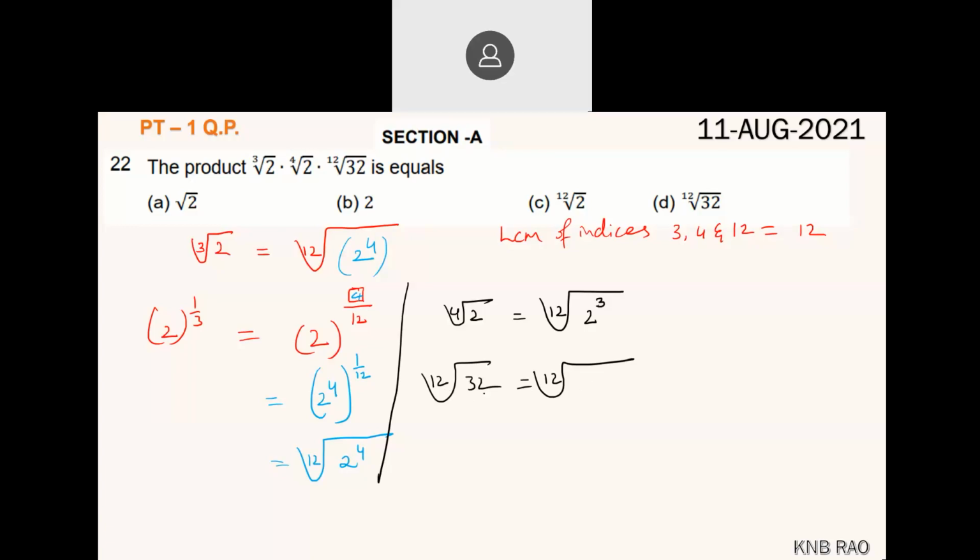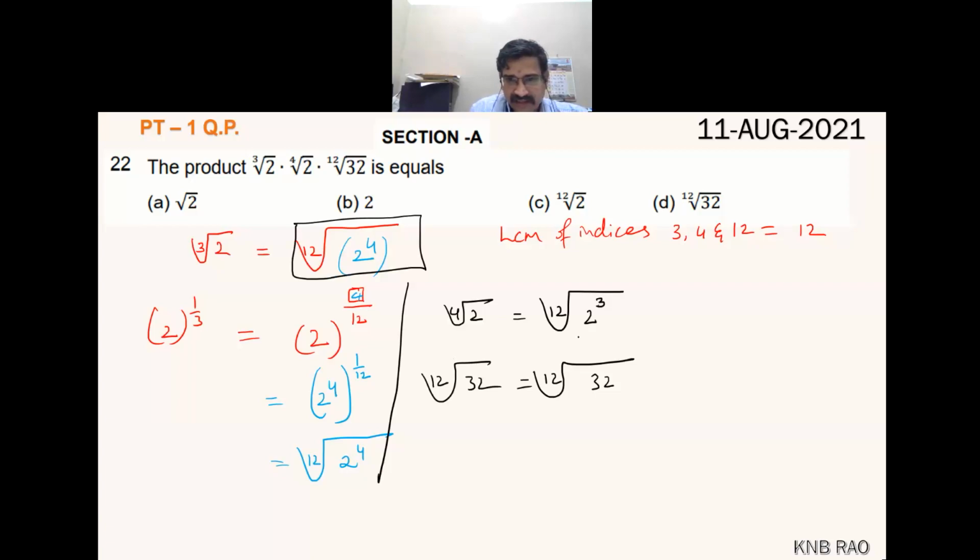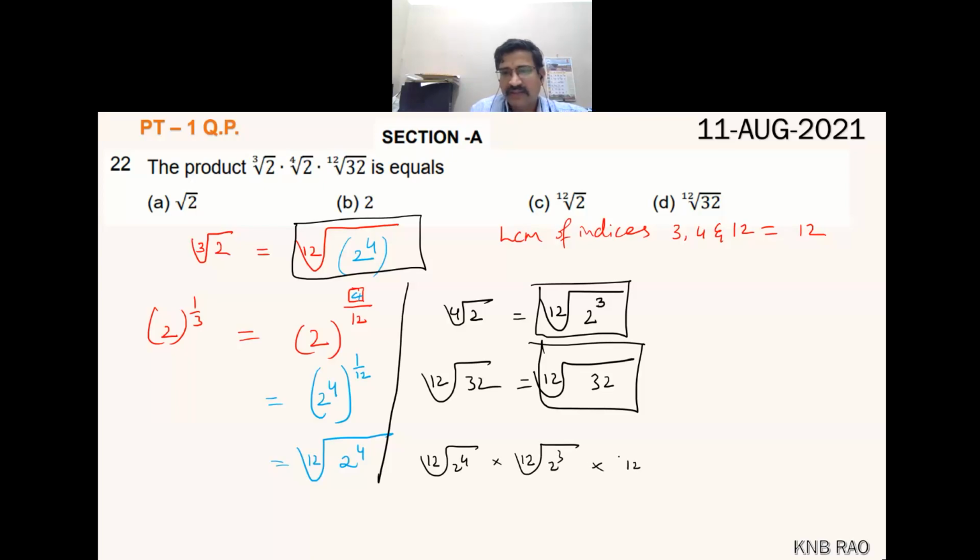12th root 32 remains with the 12th root only because the index is the same. I want 32 only. That 32 can be written as 2 power 5. Is it clear? Now I will multiply this one and this one. So the product of 12th root 2 power 4 into 12th root 2 power 3 into 12th root 32.